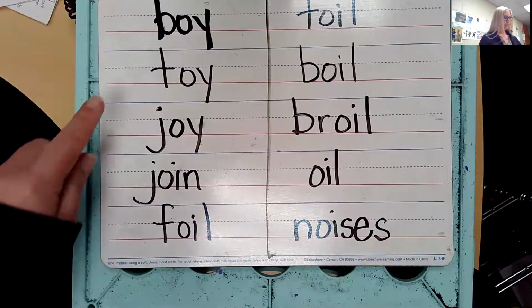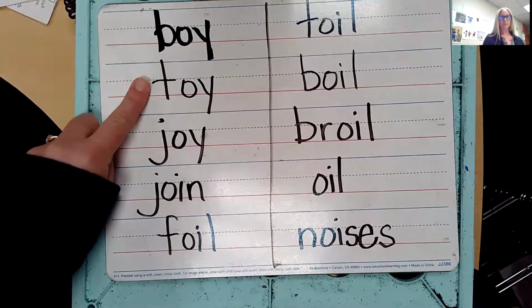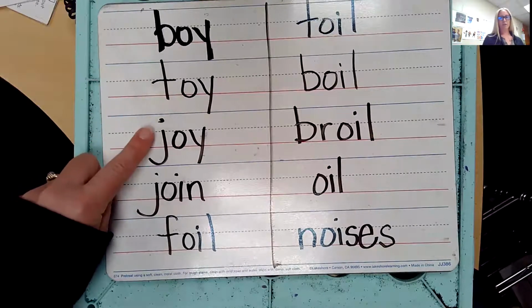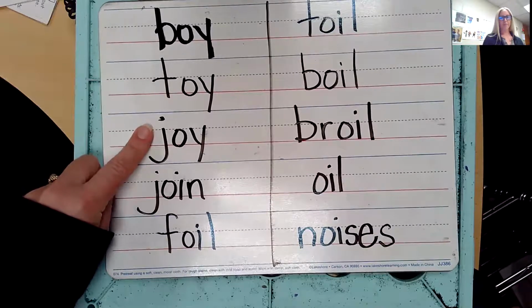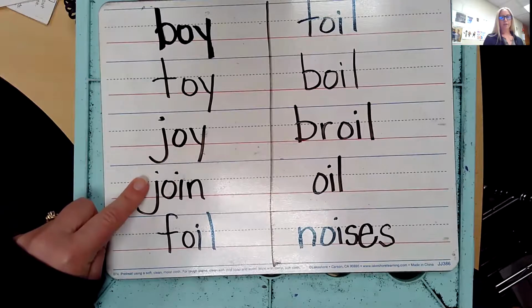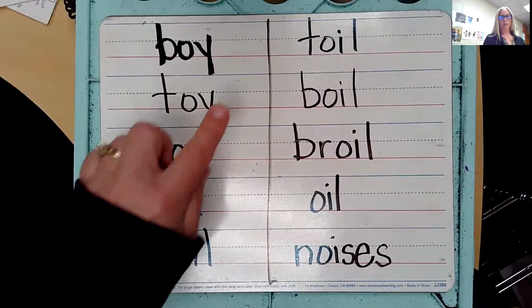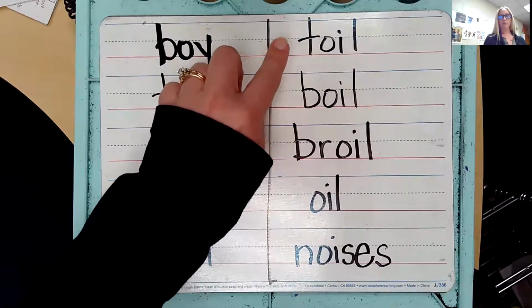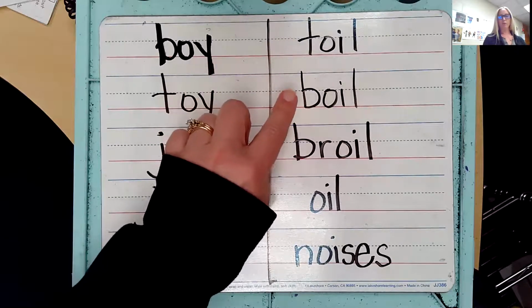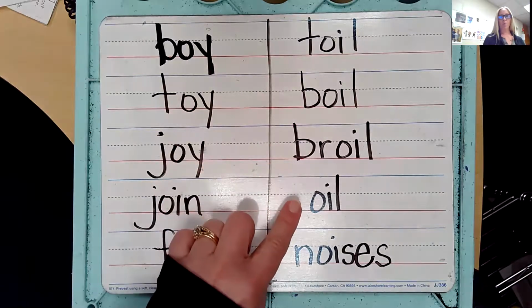So let's take a moment, let's read our words. Here we go. Boy, toy, joy. All of those rhyme because they all end in oi. Join, foil, toil, boil, broil, and oil.